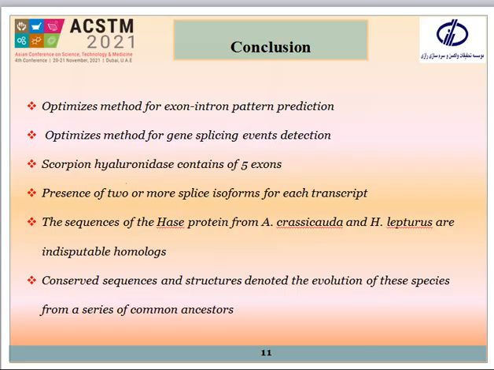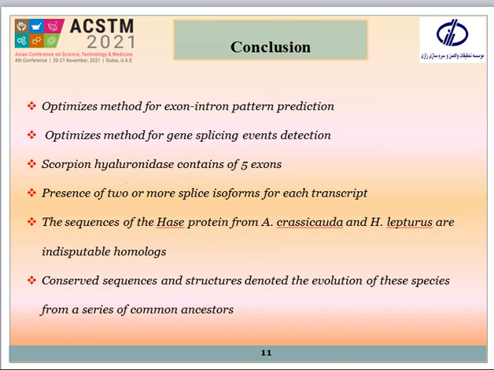Given the other results obtained from the analysis of hyaluronidase sequences, it can be concluded that this study's methods resulted in detection of the exon-intron pattern and also alternative splicing events of hyaluronidase. In general, using this strategy confirmed the presence of spliced isoforms.